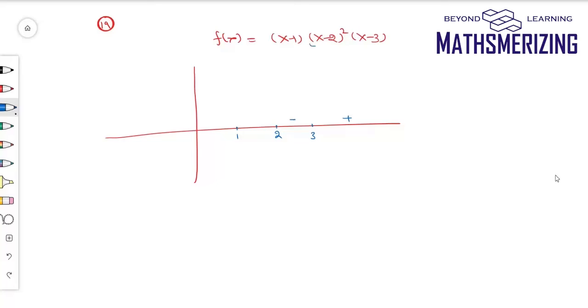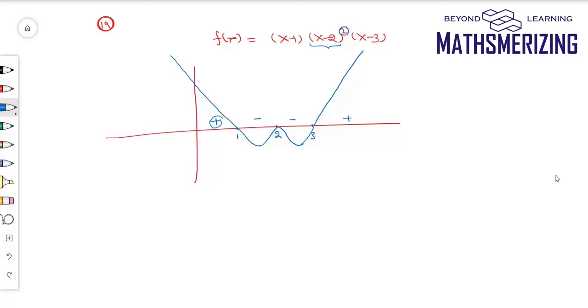Now at 2, because it's an even power, sign doesn't change, so it'll be negative and then it'll be plus. In this case, because it is plus, so this graph will start from plus infinity. It'll pass through 1. Now since it has a double root at 2, it'll touch the x-axis at 2 and then again it'll be negative and then it'll pass through 3 and it'll go up to infinity. This is an approximate graph.